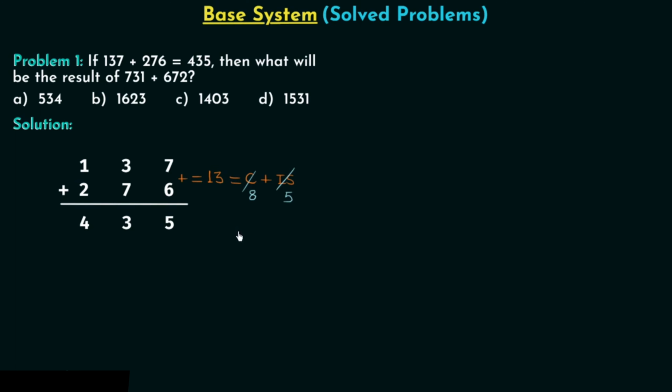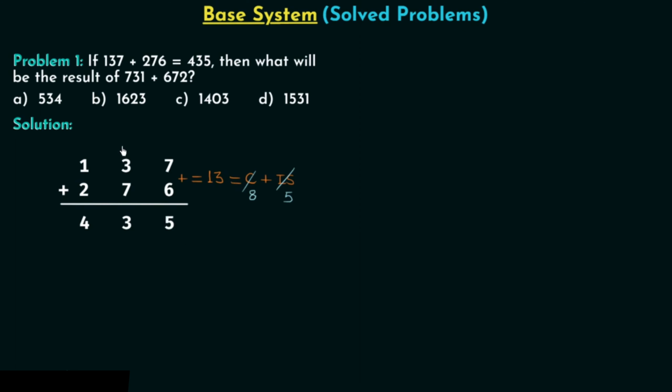Now we will quickly verify this addition. 7 plus 6 is equal to 13. Now using the divide by base method, we will divide 13 by the base equal to 8. It will give us the remainder or the intermediate sum equal to 5.